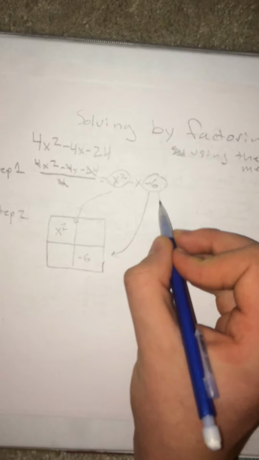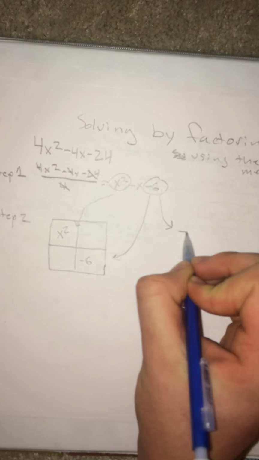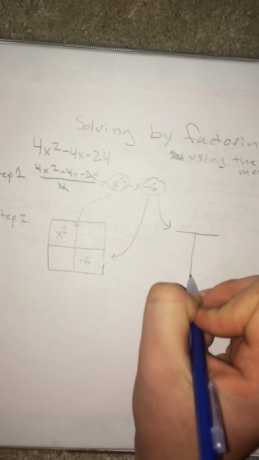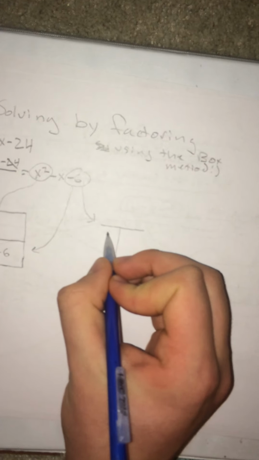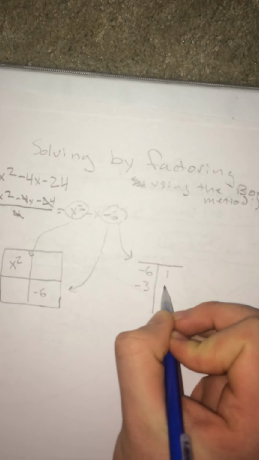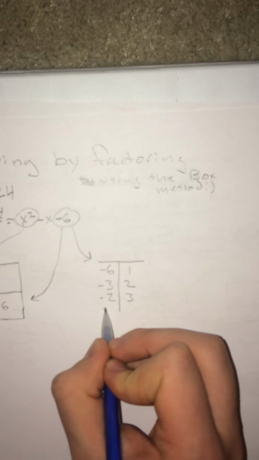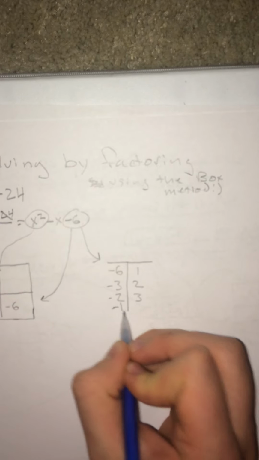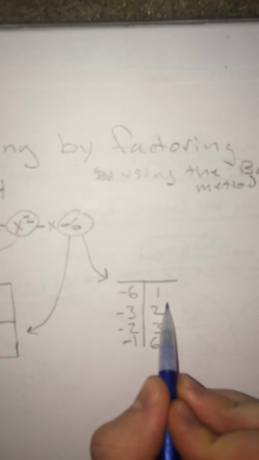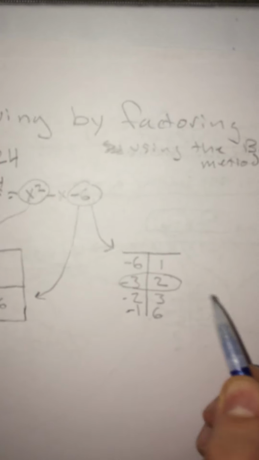What we're looking for is two numbers that we can multiply to get negative 6, but also add to get negative 1, because as you can see we have negative x left in our equation. If you notice here, we've got negative 3 and 2. Negative 3 times 2 is negative 6, but also if you add the two numbers you get negative 1.